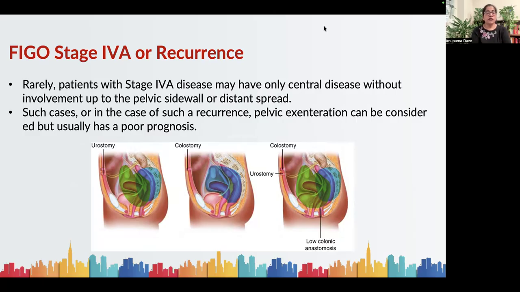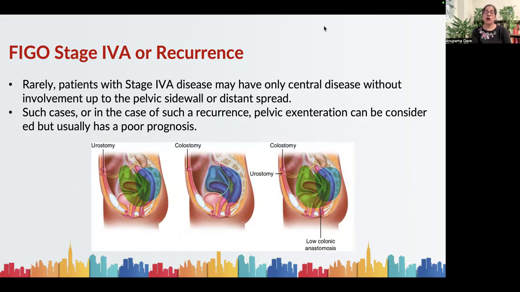Now, FIGO stage 4 or cases in which there is local recurrence. Rarely, patients with stage 4 disease may have only central disease without involvement of the pelvic sidewall or distant spread. Central disease means either the bladder is involved or a portion of the rectum is involved.